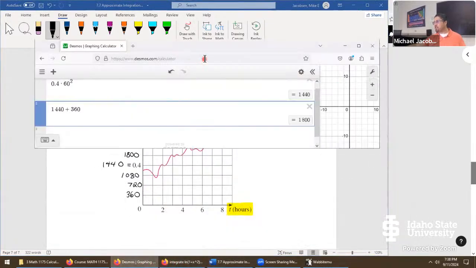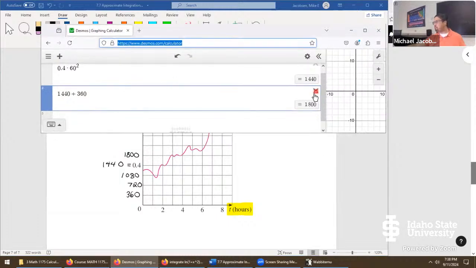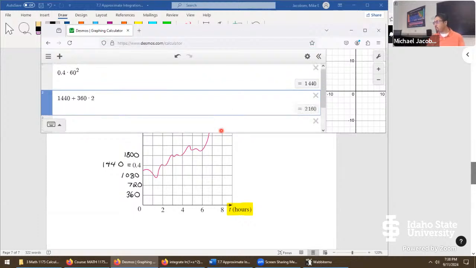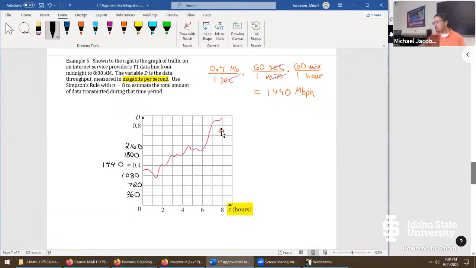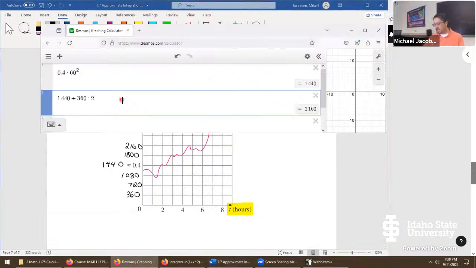It would have been so nice if they just gave us the right units to start off, but again, that's kind of a value to realize that we've got extra problems right here. Times 2, now we're at 2160. Times 3, and we've got 2520.